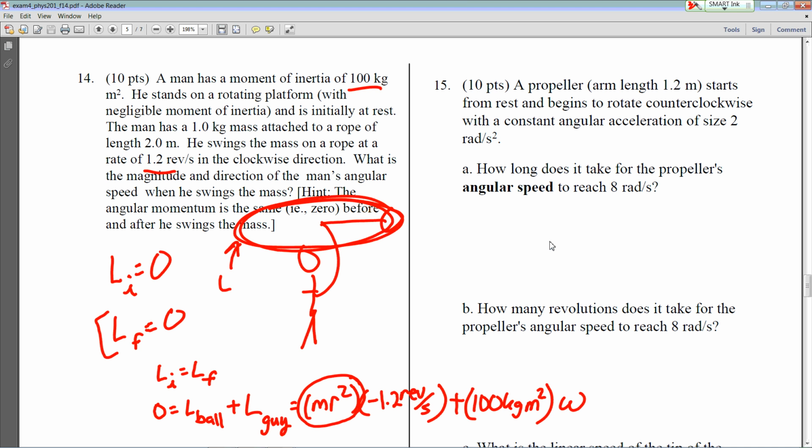I have a 1 kilogram mass on a 2 meter string. That's 1 times 2 squared, so it's equal to 4. And then I know that this is equal to 0, and so I solve for omega. I have negative 4.8 plus 100 omega equals 0. And so omega equals positive 4.8 over 100, which is 0.05 revolutions per second.